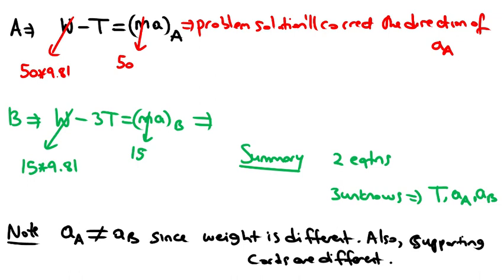That's the main issue here. But we have 2 equations and 3 unknowns. For example, if you multiply this one by 3 and subtract it, you will again be left with one equation and two unknowns. So I will pause it here and continue in the next recording.